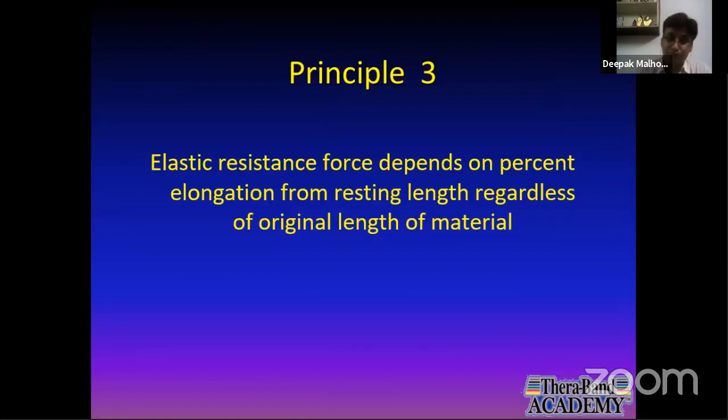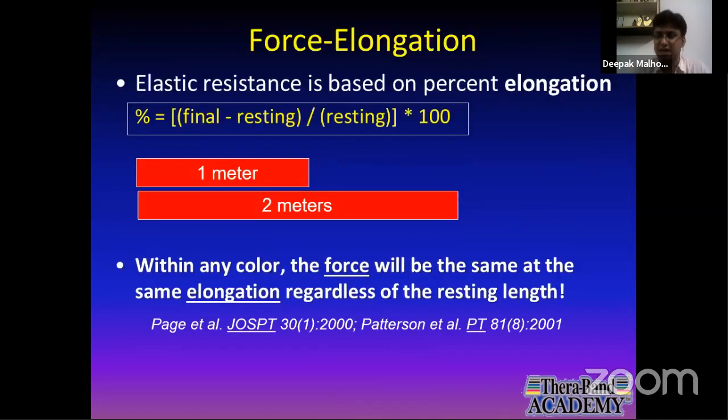Now, elastic resistance force depends on percentage elongation from resting length regardless of original length of the material. I've already mentioned that the change in length is the most important thing. Elastic resistance is based on percentage elongation. Now, the percentage elongation is given by final length minus the resting length, divided by resting length, into 100.